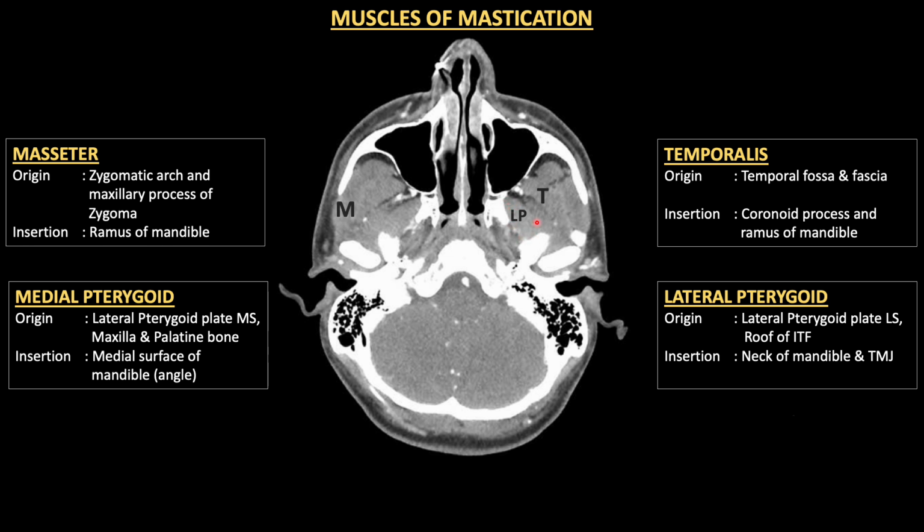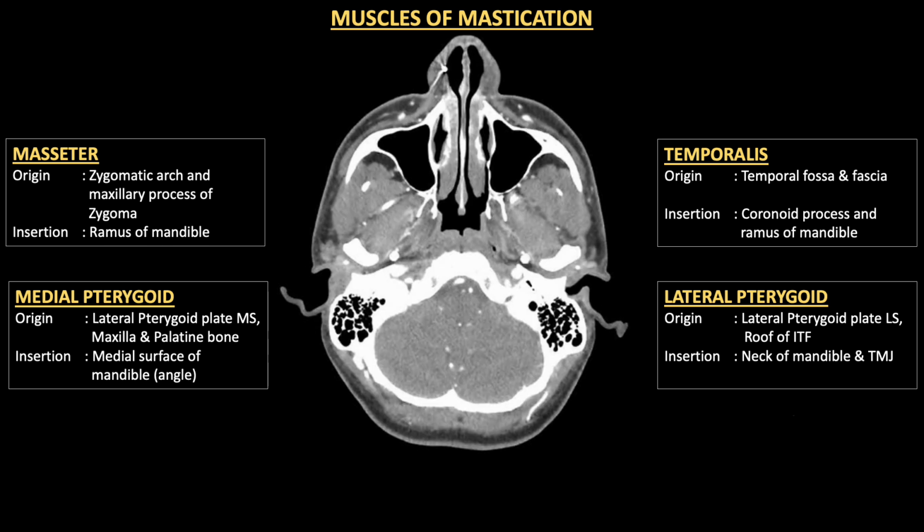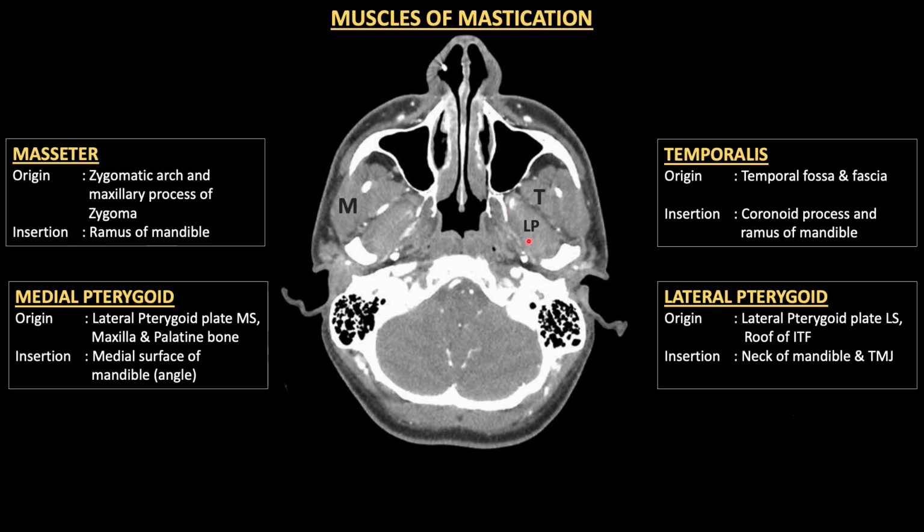You can now see this muscle here taking its origin from the lateral surface of the lateral pterygoid plate. The lateral pterygoid basically extends from the lateral surface of lateral pterygoid plate to the temporomandibular joint. So this muscle is the lateral pterygoid muscle, and this here is the temporalis muscle. So I'll continue to scroll caudally.